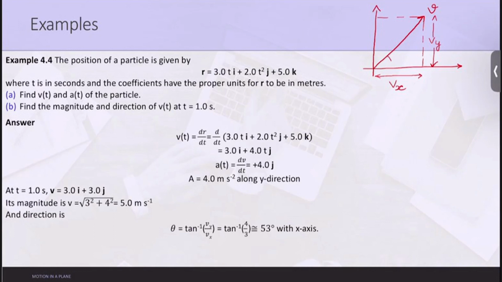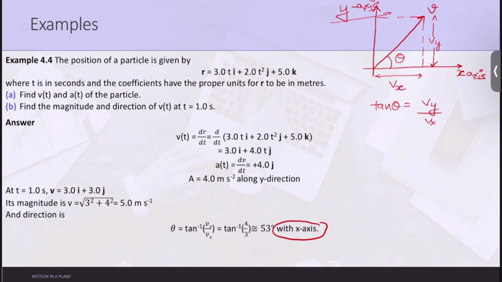If I make an angle theta here, then tan theta is equal to vy by vx, and therefore, as we said in the last slide, it is 53 degrees with the x-axis. As you can see, this is your x-axis and this is your y-axis. So that is why we said theta is approximately 53 degrees with the x-axis.